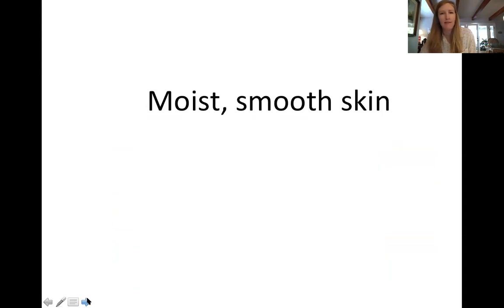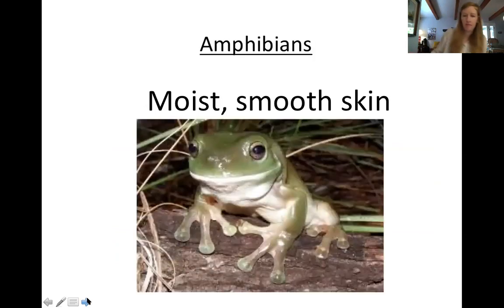Oh, dang it. My fingers are too fast again. All right, so you probably saw that. It is amphibians. Here's a cute frog. You can really see his skin is nice and smooth. No scales. Hopefully you wrote that down. I'm going to move on.